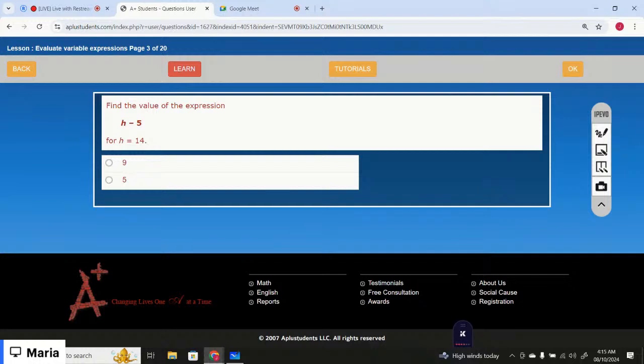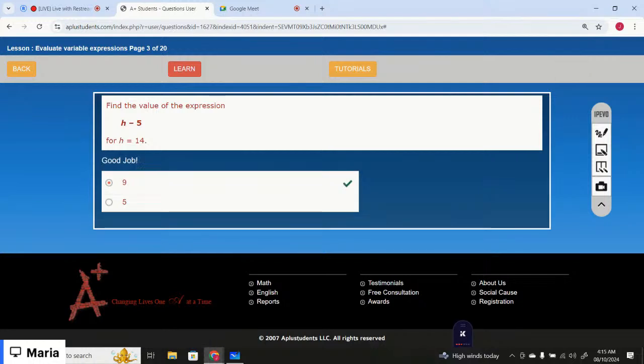Yes, that is 14 take away 5. So 14 take away 5 is 9. Option number 1 is the correct option, 14 take away 5 is 9.